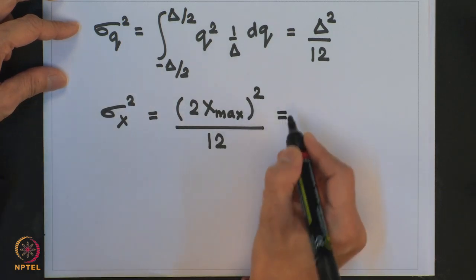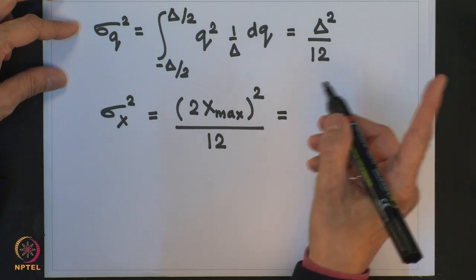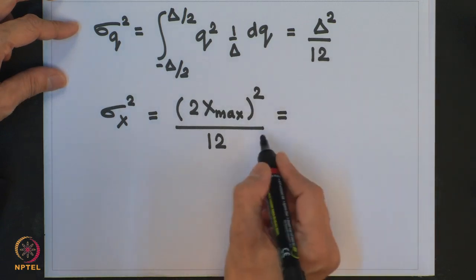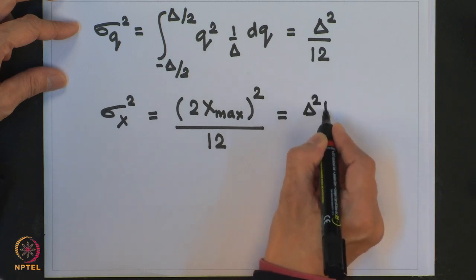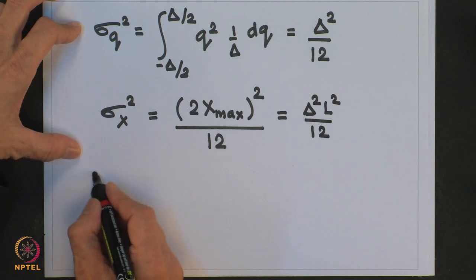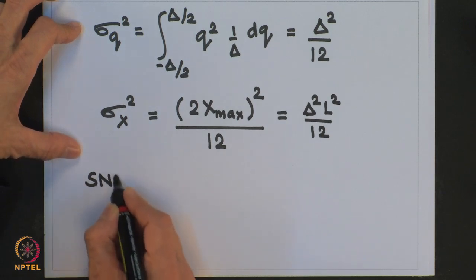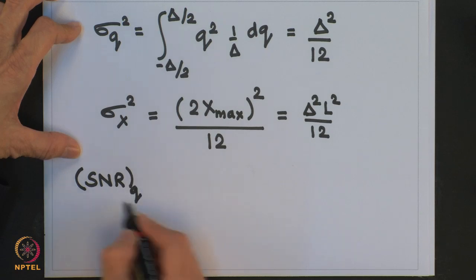We know that x max will be equal to delta L by 2. So, if I substitute this, I get delta squared L squared by 12, and then the signal to noise ratio, when I say noise, this is a quantization noise.